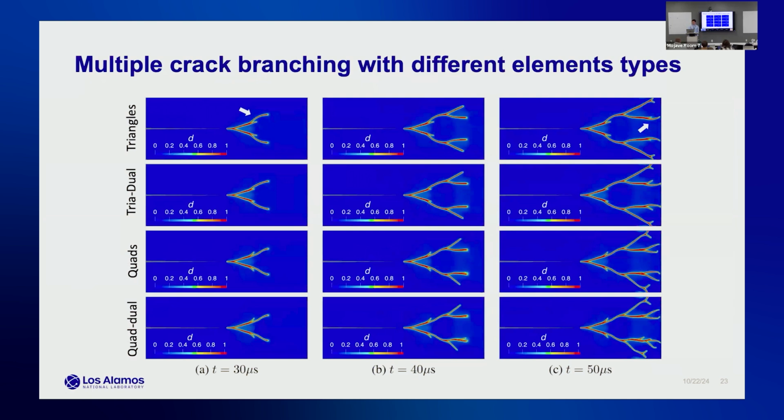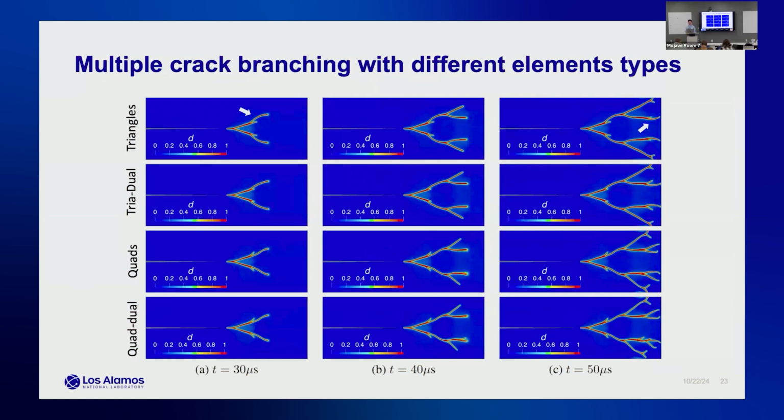In this slide, we just show we use the 4 meshes I introduced earlier. The top row shows we only have triangle. The second row is the dual of the triangle. We have more polygons. And the third row is the quadrilateral. The last row is the dual of the quadrilateral. In this mesh, there are more quadrilateral elements than polygons.